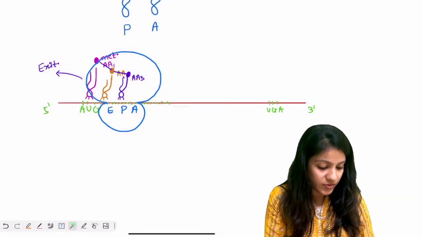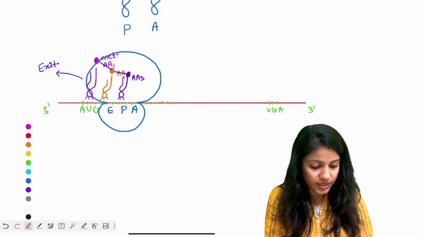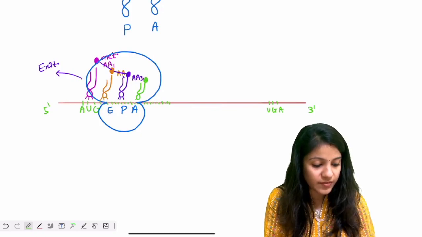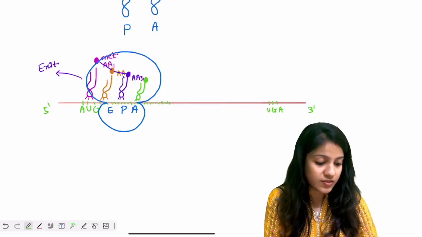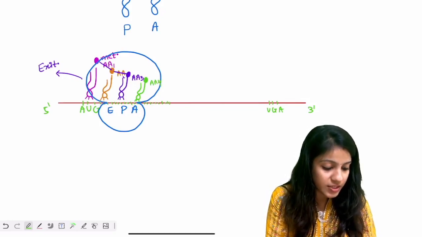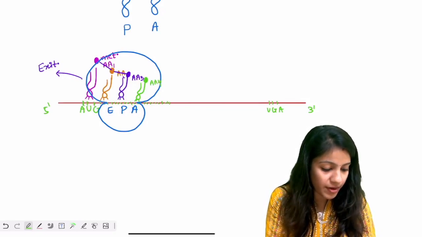Since this A site is vacant, now again a new tRNA will come on this A site. Every time there will be a new tRNA which will come on the A site. So this will be amino acid 4. That means these codons are read properly by these tRNAs, right?